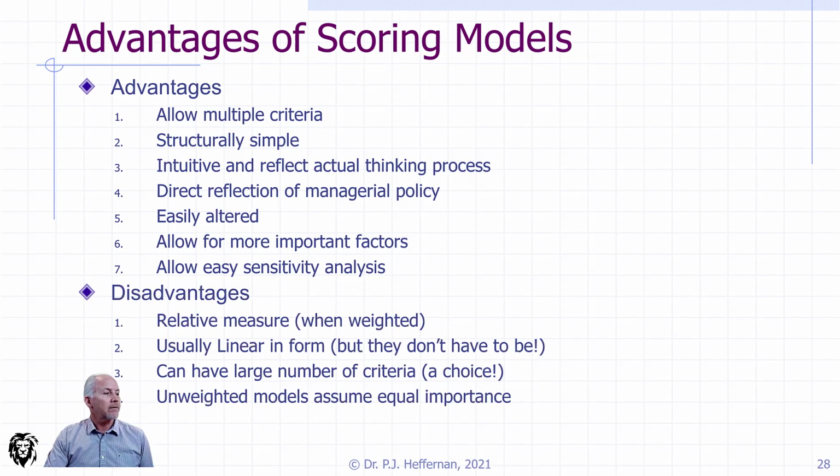So some of the disadvantages, it's a relative measure, which is to say it's not an absolute measure. It doesn't have any intrinsic meaning other than how it scores relative to the other alternatives. It's usually linear in form, so I think it's a limitation of how most people think. It doesn't have to be linear.